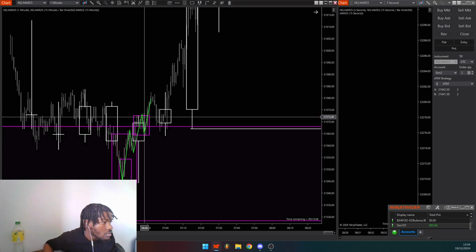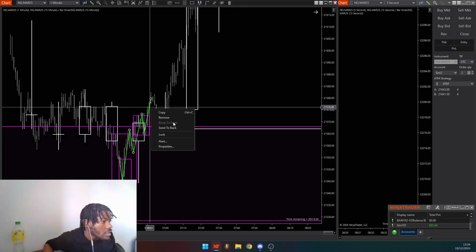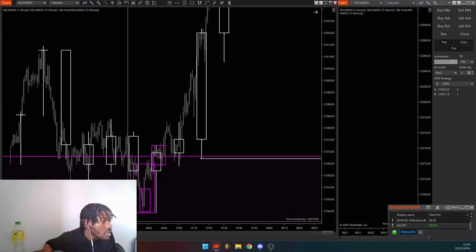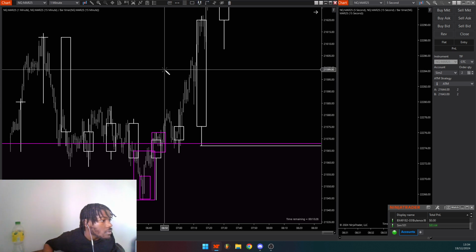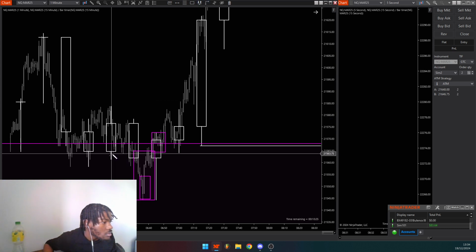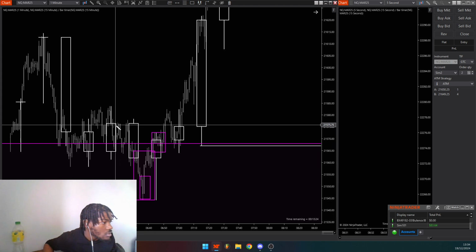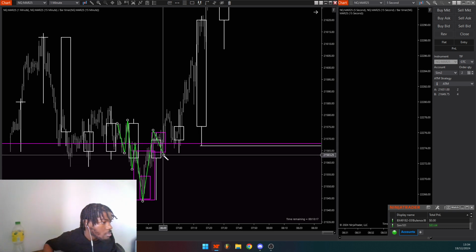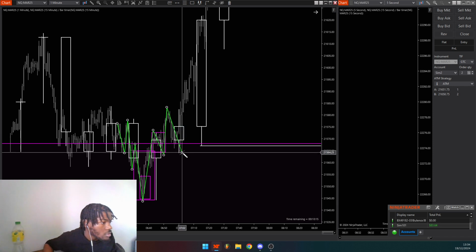But we know that, as we can see, this is a higher time frame move, so we need to account for that. So when you consider where it started from, we see a closure above, a pullback down, and a move above.